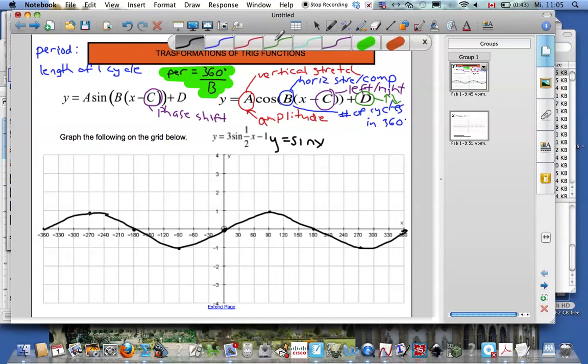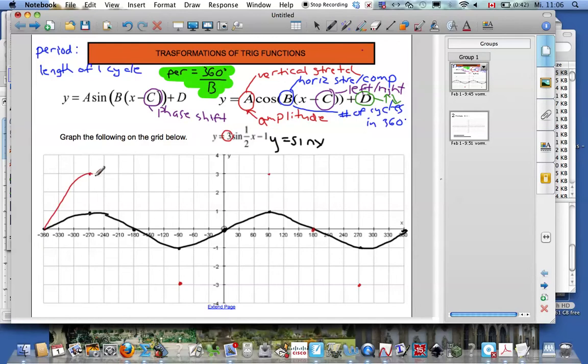So I'm going to do the transformations left to right. I always want to take care of all the stretching first because the moving left to right, up, down is easy. So what we're going to do first is vertically stretch. Remember, the amplitude is the up-down stretch. All the values: 0 times 3 is 0, but 1 times 3 is 3, and -1 is -3, and so on.